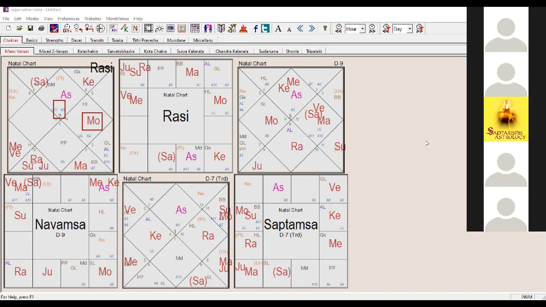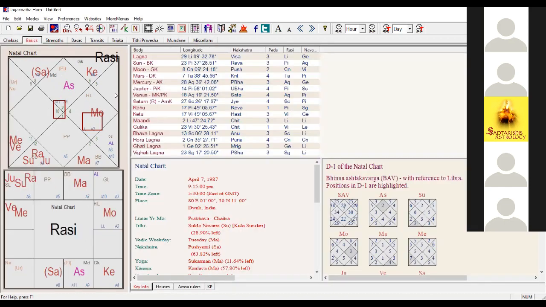Okay, now we have another point, the nakshatra. Now check in which nakshatra the moon is located. Neeraj, can you show me the nakshatra chart? See, here the moon is in Pushya nakshatra, and Pushya is ruled by which planet?